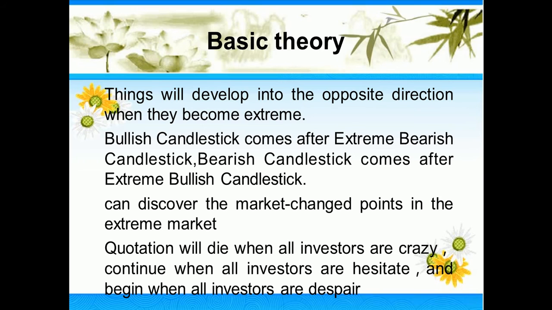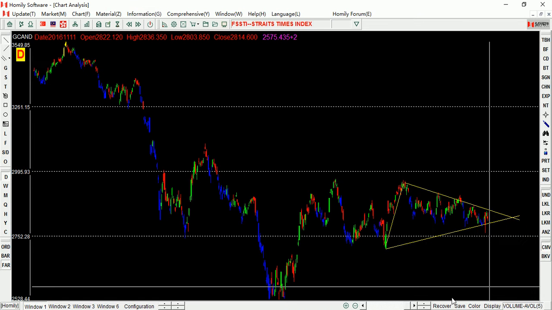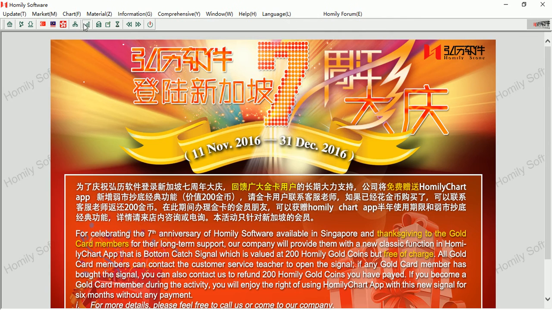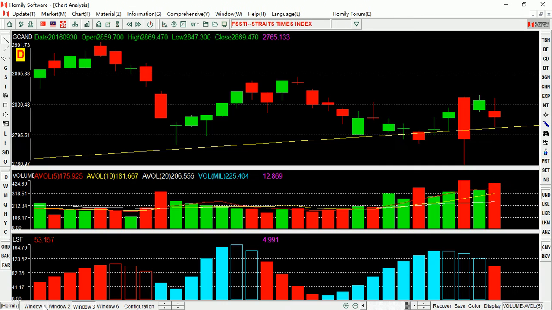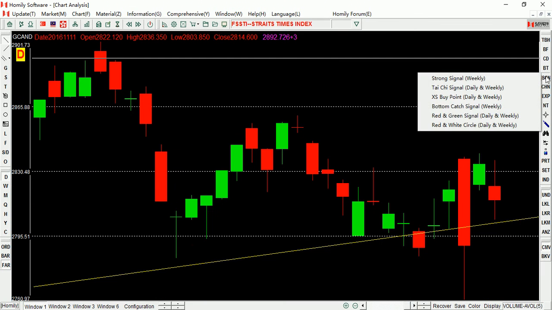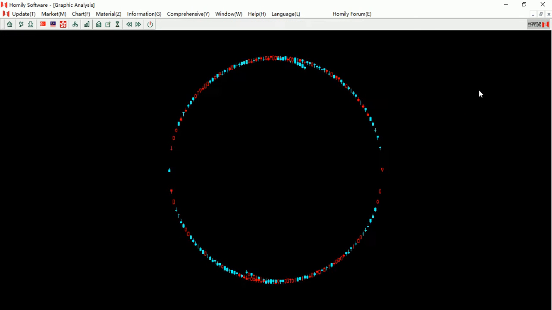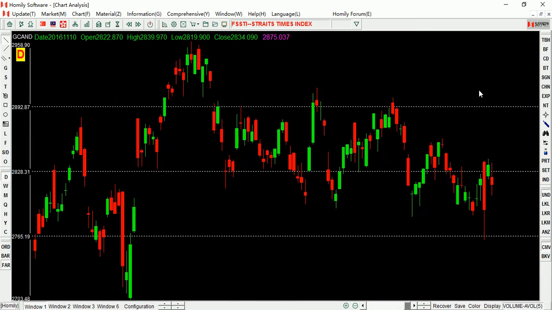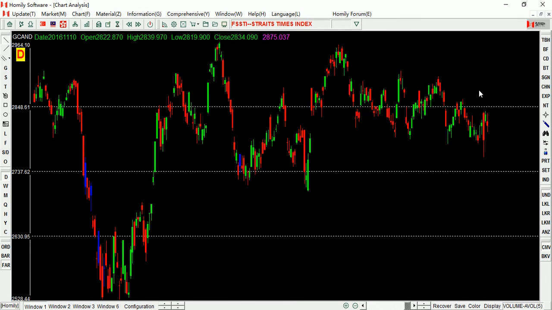Let's see the Homely Taiji signal. How to find it? You click the chart, then click SGN, Homely Taiji signal. Then you can see the two colors of candlestick, the blue candlestick and the yellow candlestick.